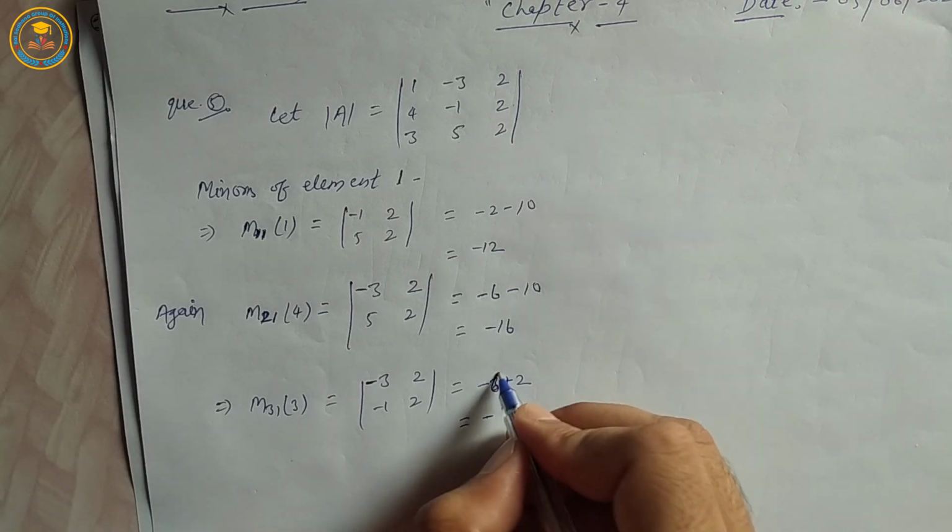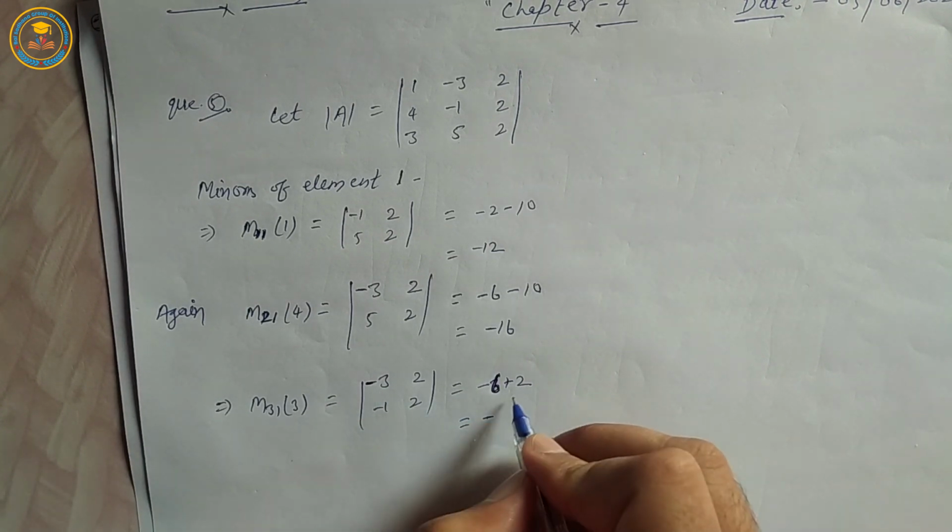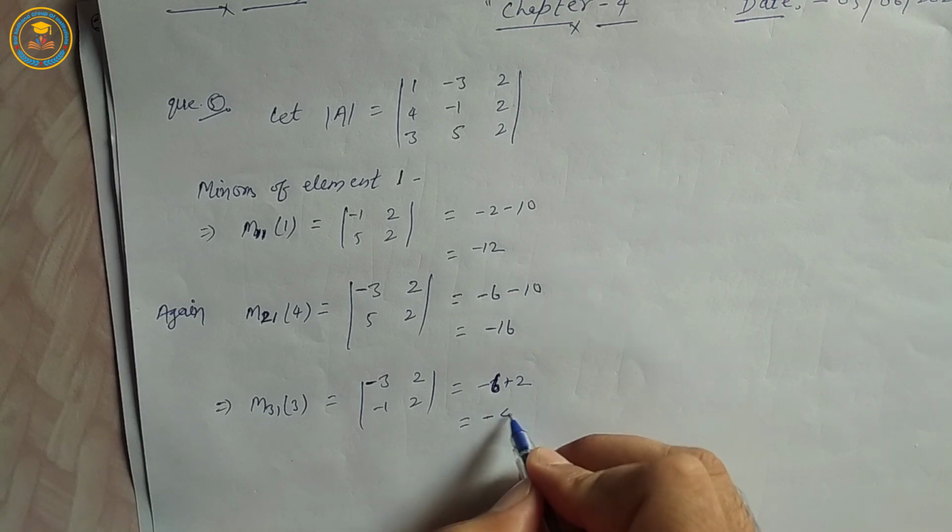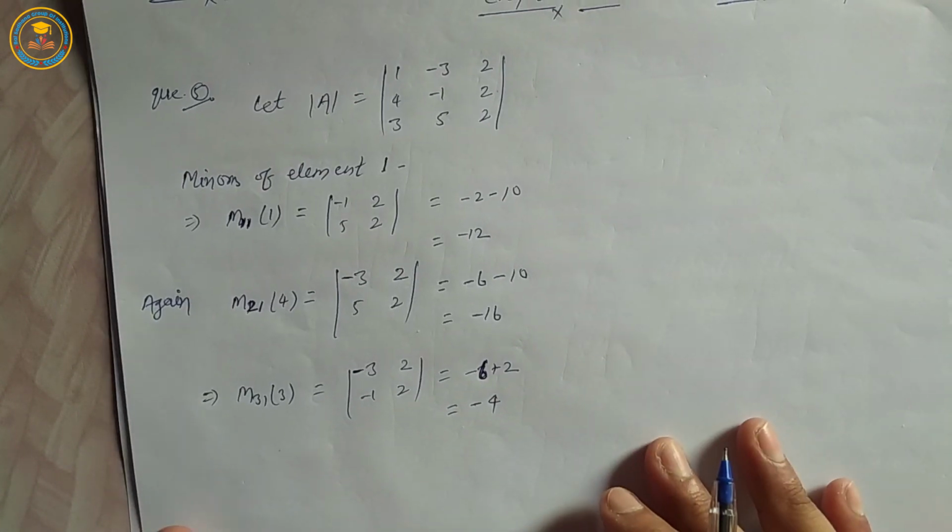Sorry, minus 6, 3 into 2 is 6. It means minus 4. Okay.